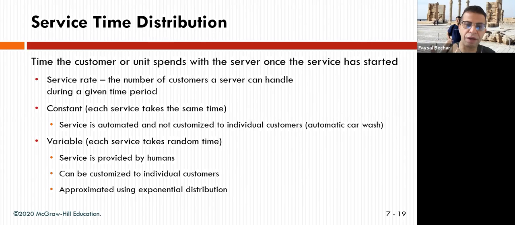Or it could be variable, where each time it takes a random amount. Services provided by humans, like lawyers or doctors, or customized to individual customers, could vary from half an hour to 5 or 6 hours. You don't know how long it takes. So you need to take this into consideration when you do service timing.